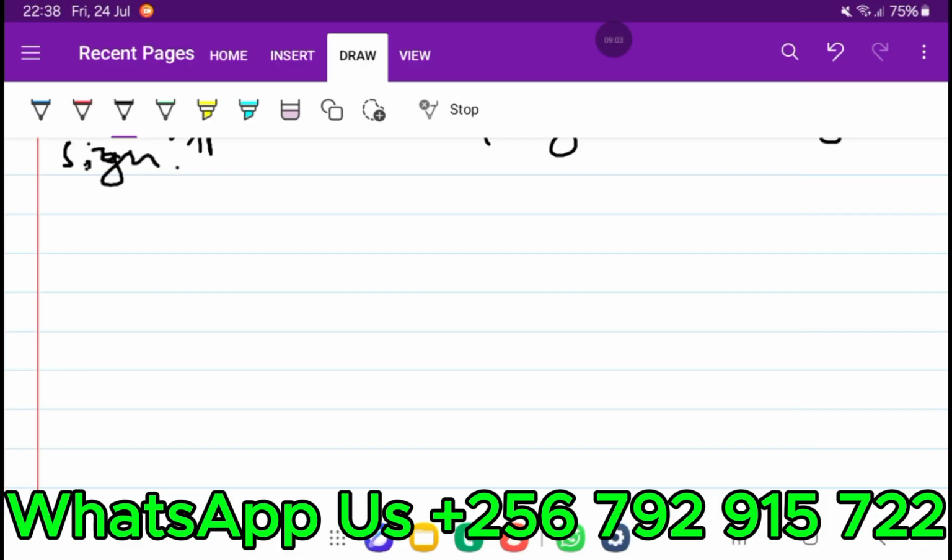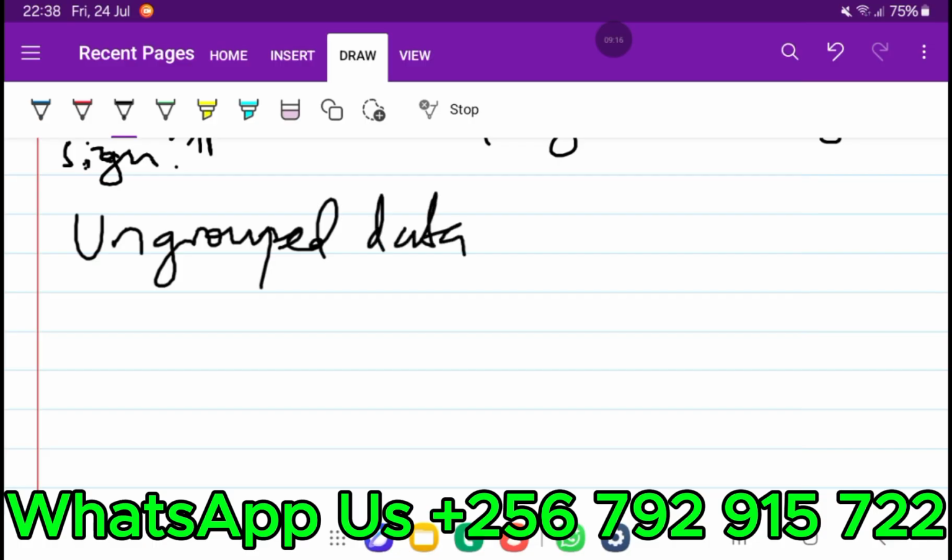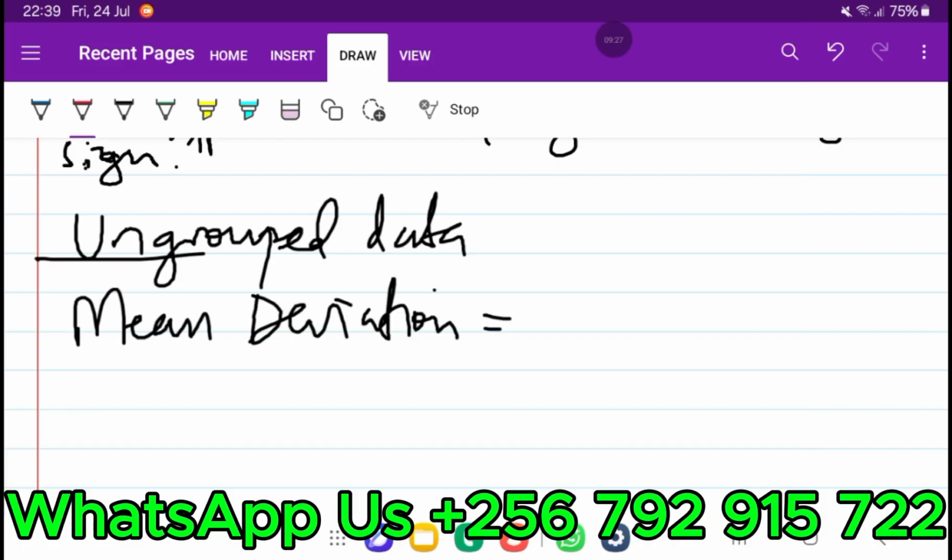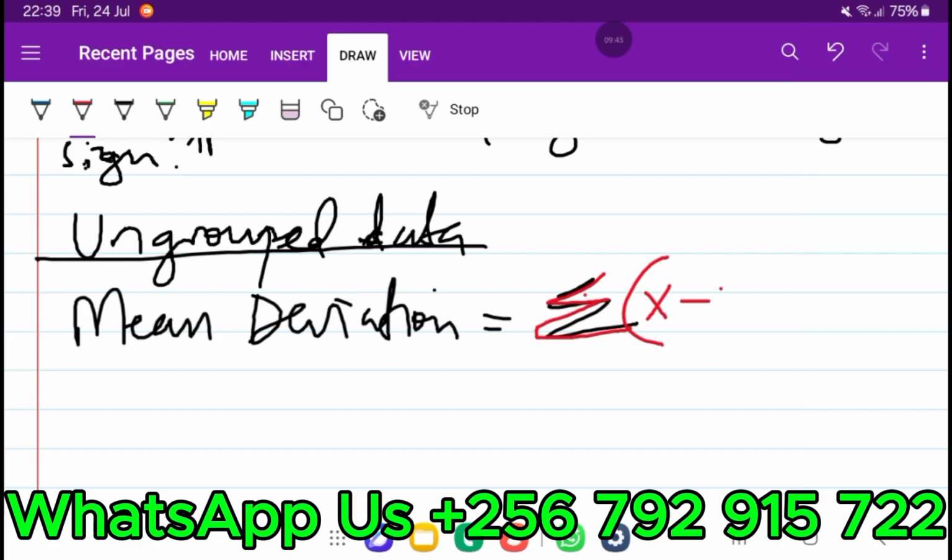If we are dealing with ungrouped data, the formula that we use for the mean deviation is summation of the absolute value of x minus the mean, over n.